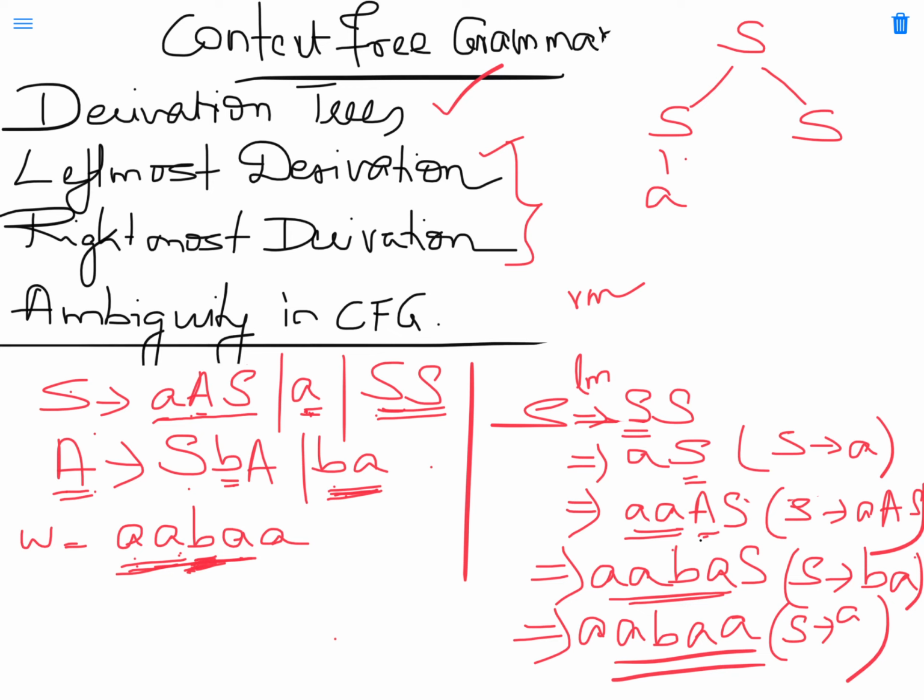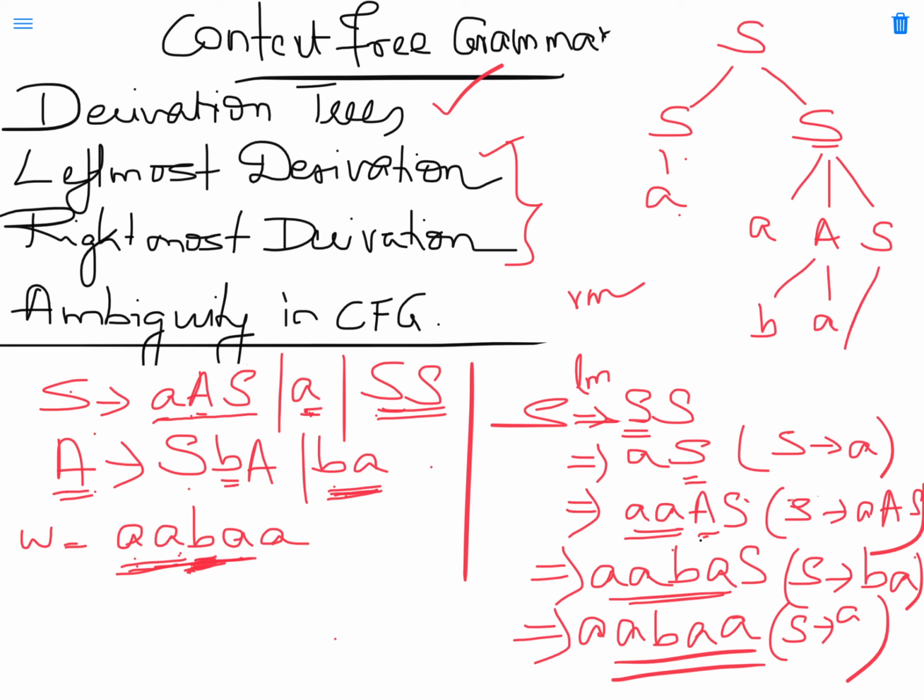And again, next, this S will be replaced with which one? AAS. Again, A will be replaced with the next production. S gives BA.